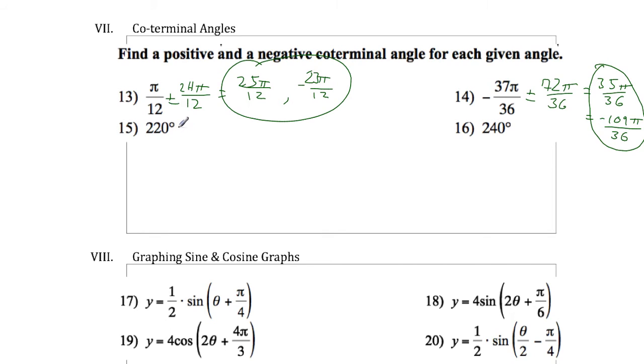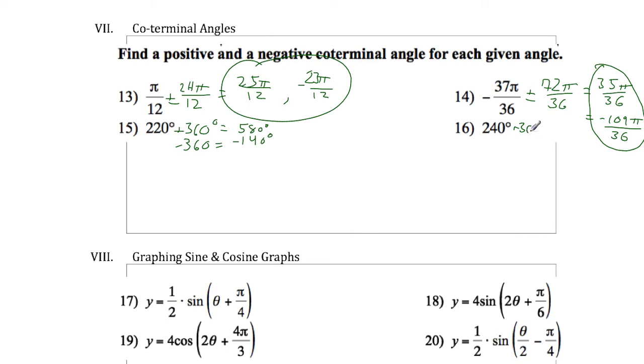With this one, it's in degrees, so we can keep it in degrees. We can add 360 degrees, and we can also subtract 360 degrees. If we add 360 degrees, we are going to get 580 degrees. And if we subtract 360 degrees from 220, we are going to get negative 140 degrees.